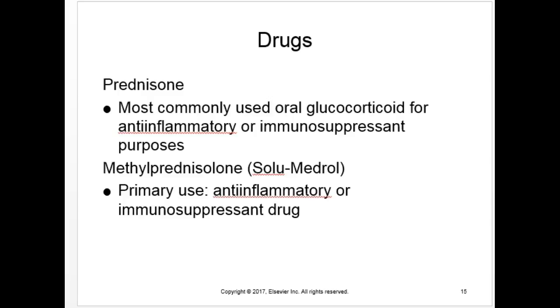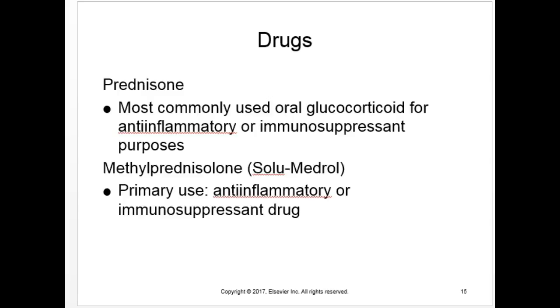Very commonly used for chronic respiratory illnesses, any kind of immunosuppressant purpose, but it is not adequate for managing Addison's disease. Solumedrol is another common one. Solumedrol is what is in the little vials where you push the little stopper in and shake the med up.